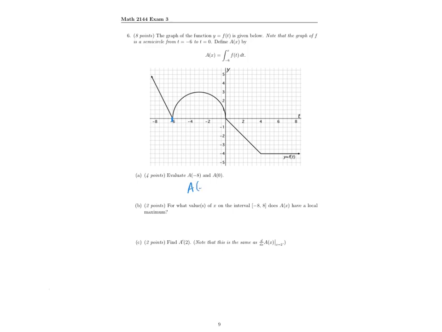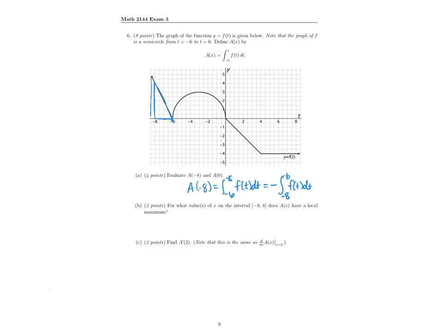So A of negative 8 is going to be the integral from negative 6 to negative 8 of f of t dt. And so that's going to be the negative of the integral from negative 8 to negative 6 of f of t dt. And if I look at my picture, I can see that that integral is going to be a triangle.